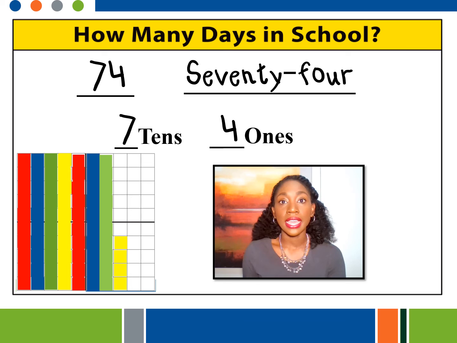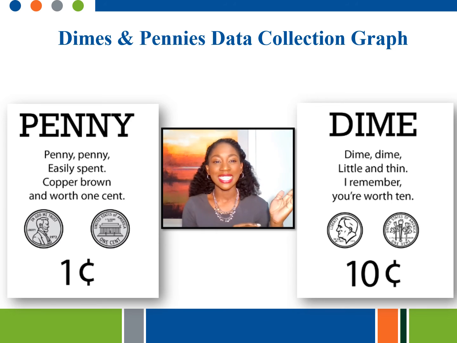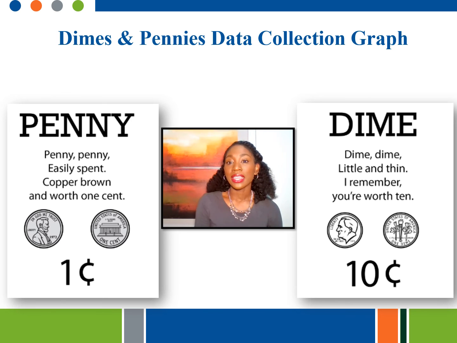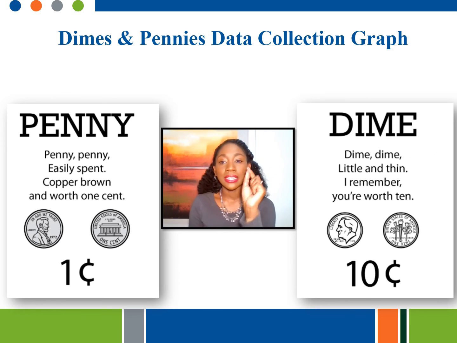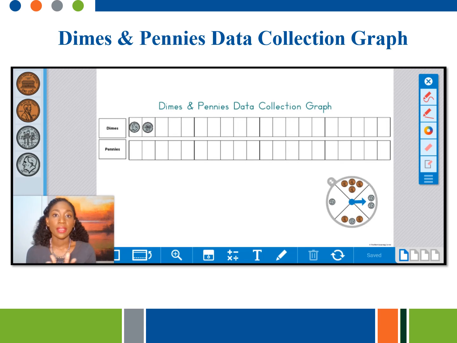And now let's go ahead and collect our coins for this month. We know that a penny is easily spent, is copper brown, and is worth 1 cent. And we know that a dime, little and thin, I remember you're worth 10. So, my first graders, we are collecting dimes and pennies for the whole month of January. On yesterday, we collected 2 dimes. Let's go ahead and give our spinner a spin here.